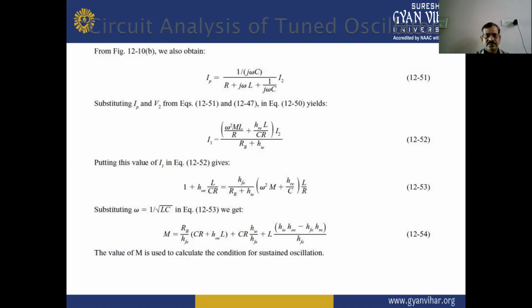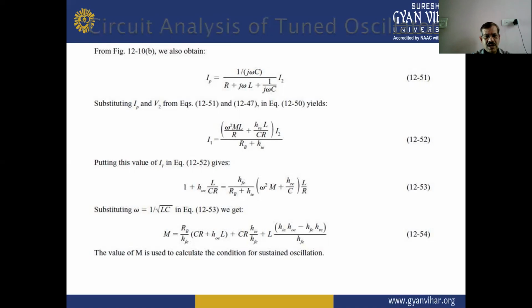Substituting the IP and V2 values, we have the equation 1 plus hoe upon L upon CR equal to hfe upon RB plus hie into omega square M plus hre upon C into 1 upon LR, where omega equal to 1 upon under root LC.